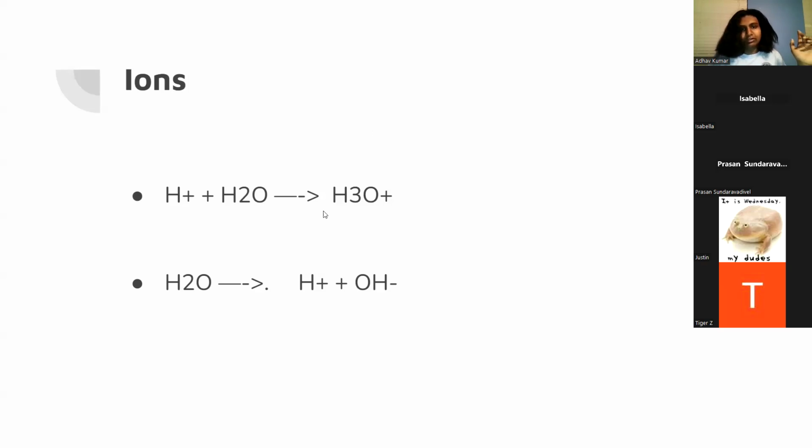If we're looking at a hydrogen atom, it's literally just one proton, one electron. Most hydrogen doesn't have a neutron. So an H+ ion is literally just a proton. When acids dissolve, they will release these H+ ions.